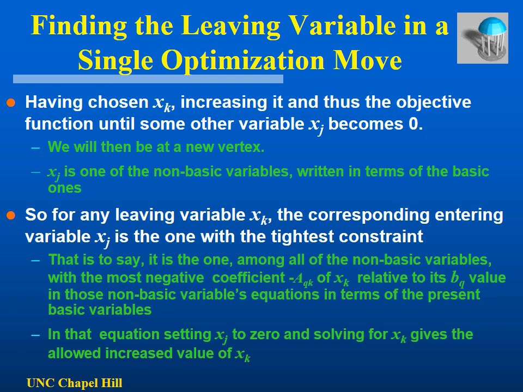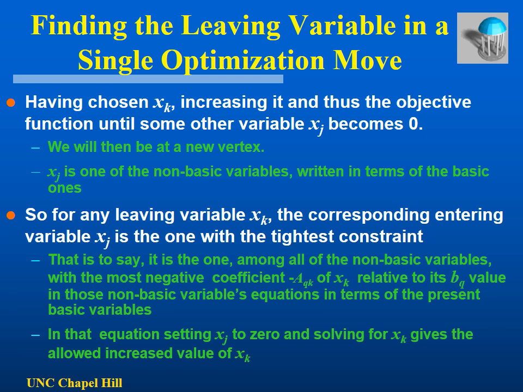x sub j is one of the non-basic variables, each of which, of course, is written in terms of the basic ones. And we've been calling those non-basic variables x sub q. x j is one of the q. That is to say, x sub j is one of the non-basic variables.